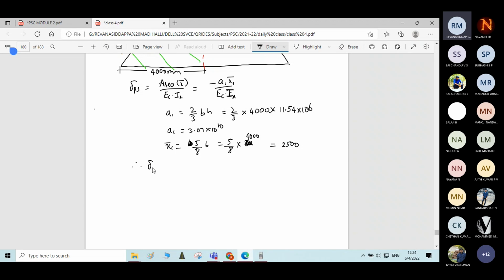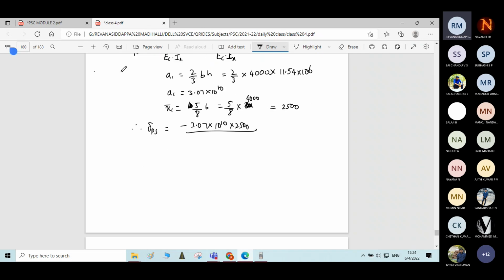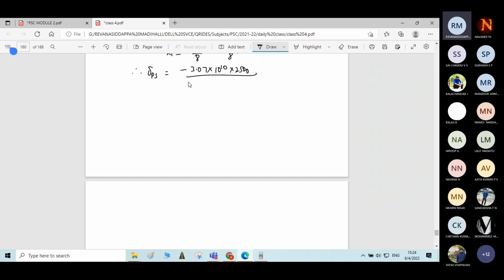Therefore, delta PS is equal to minus 3.07 into 10 power 10 into 2500 divided by EC into IX, that is 38 into 10 power 3 into 165.88 into 10 power 6.